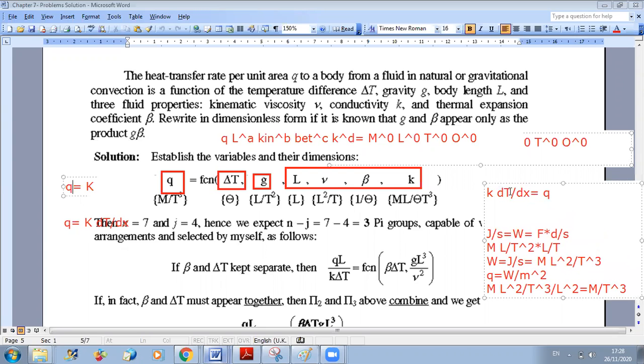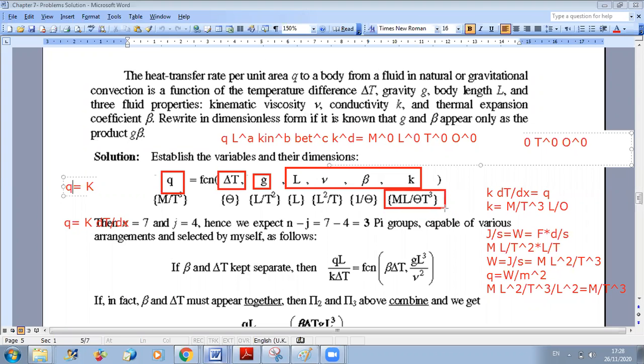This is why you can deduce that the dimension of K is equal to the dimension of Q, which is M over T cube, times the dimension of dx, which is L, over the dimension of dt, which is a temperature, meaning over theta. So in total, this is the dimension for K, for the conductivity, ML over theta T cube.